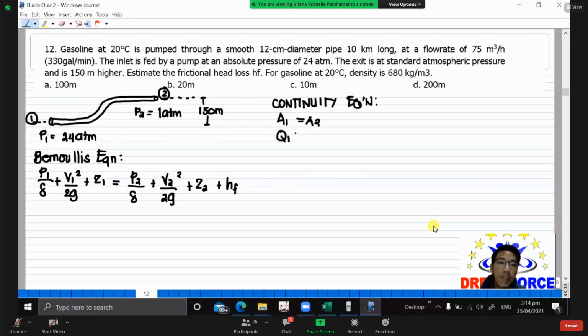And using your continuity equation, yung volume flow rate dun sa ating first point, it is equal to the volume flow rate on the second point. Eh, ang continuity equation natin, meron siyang formula. Diba? Q equals A1 V1. That is equal to A2 V2. Since sabi natin A1 equals A2, therefore, equal din yung V natin kasi magka-cancel yung dalawang area. Now, V1 equals V2. Kung V1 equals V2, pwede ko nang i-cancel to, correct? No need to solve for your V2.